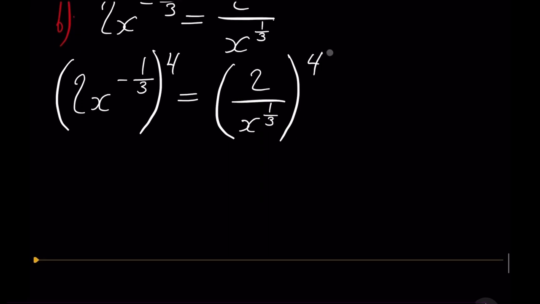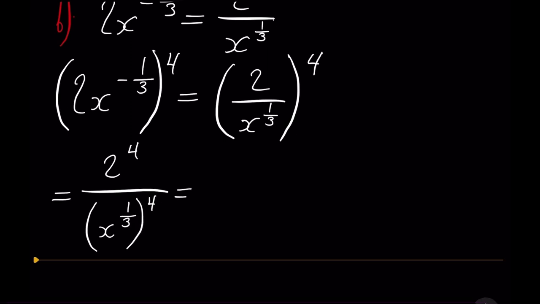And we basically raise the numerator and the denominator to the power 4, and this gives us 2 raised to the power 4, all divided by x raised to the power 1/3, all raised to the power 4. 2 raised to the power 4 is equal to 16.